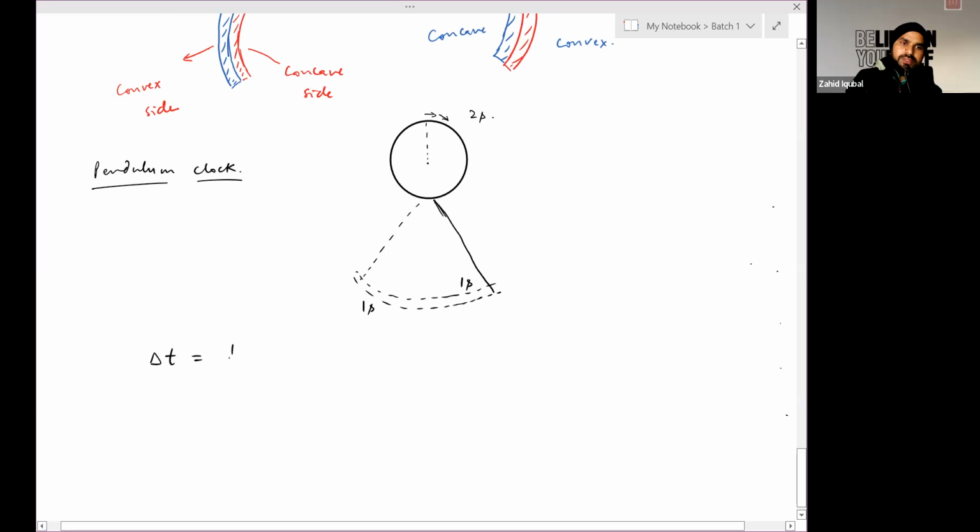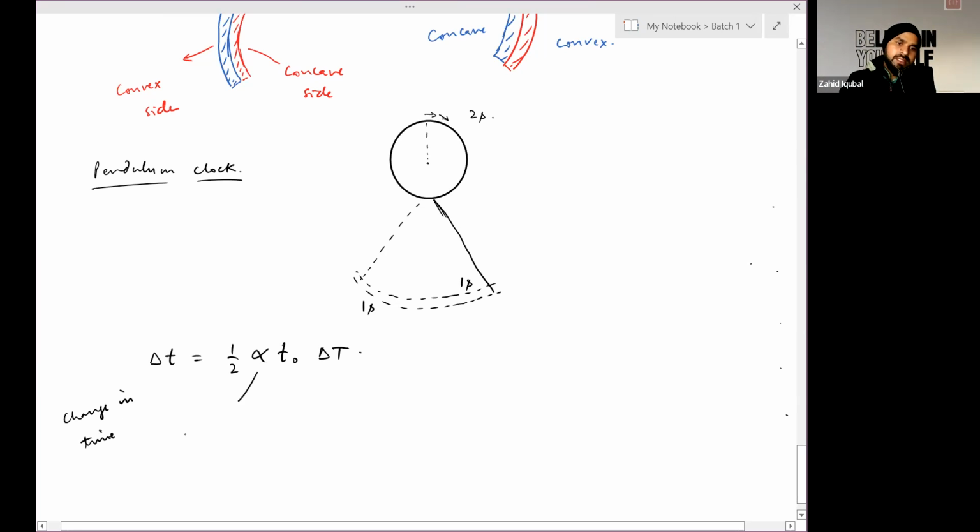So delta T equals half alpha T naught times delta T. This is the final part you get if you solve the time period of a simple pendulum for two different temperatures. So let me define the formula you have to use. Delta T is the change in time by this clock.